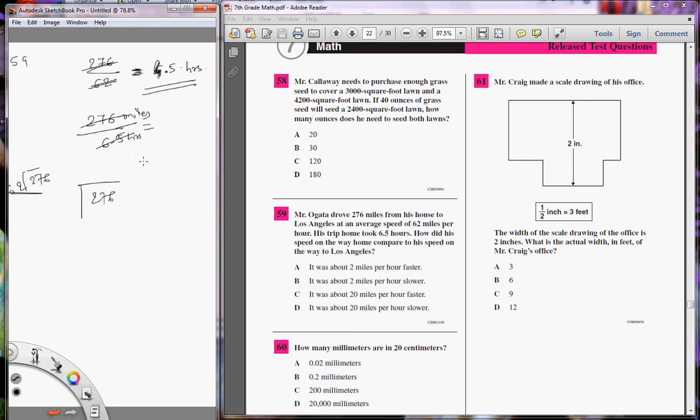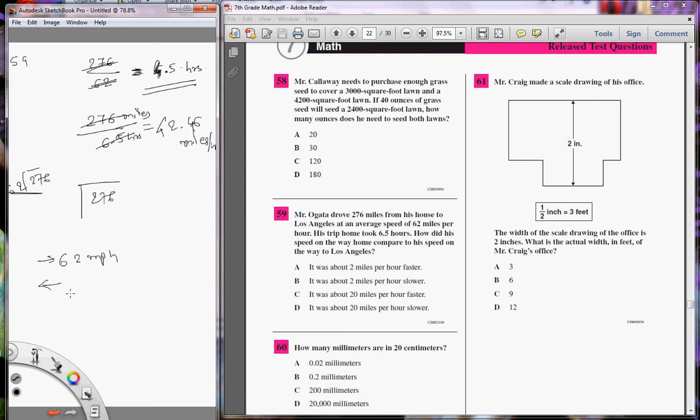And when he was coming back, his trip home took 6.5 hours. So 276 divided by 6.5 is 42.46 miles per hour. When he was driving there, he drove at 62 miles per hour.